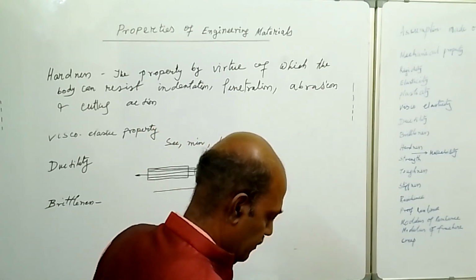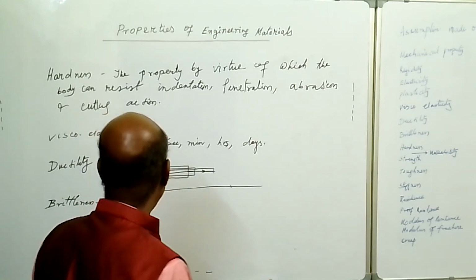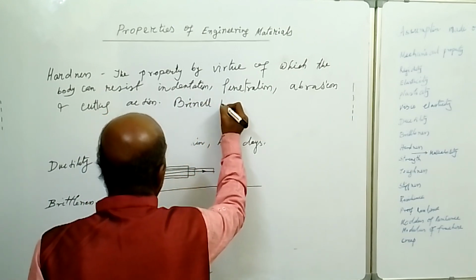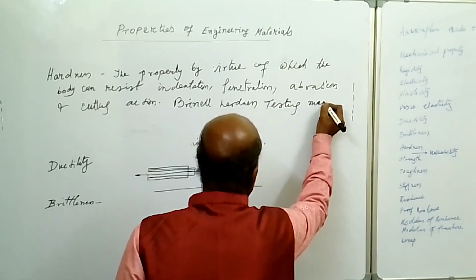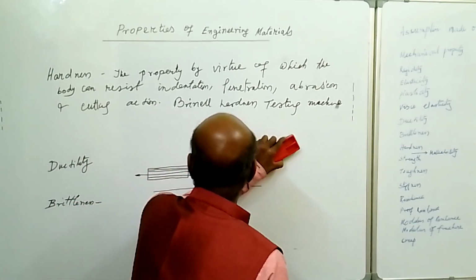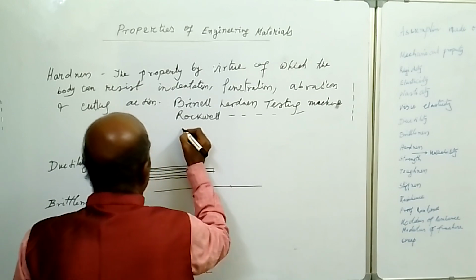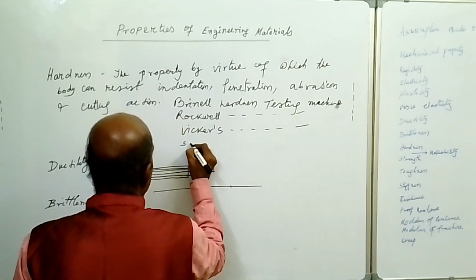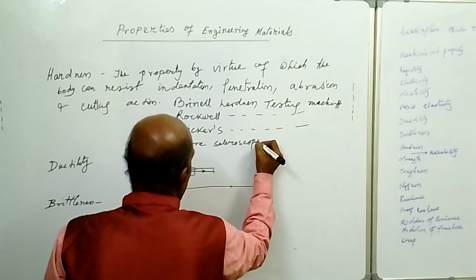The hardness of a material is tested by, first, the Brinell hardness testing machine, the Rockwell hardness testing machine, then the Vickers hardness testing machine, and also by using the Shore scleroscope testing machine.